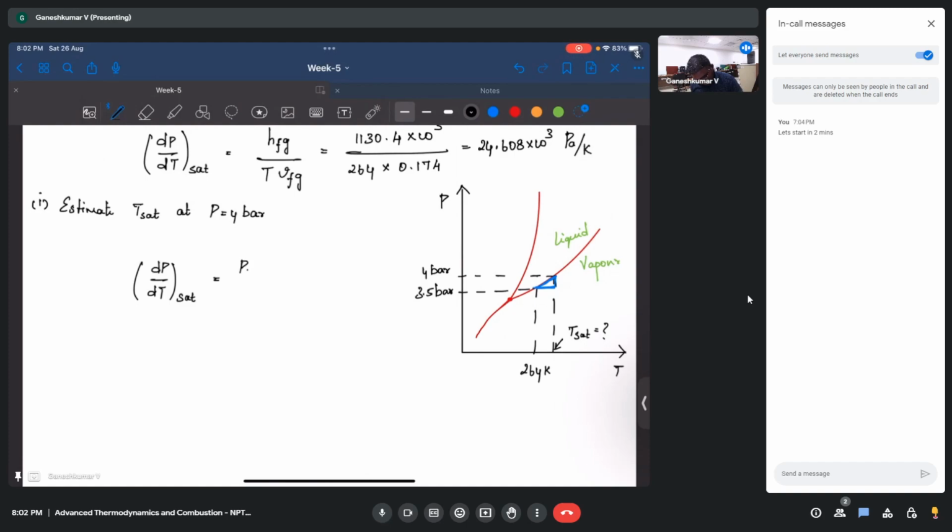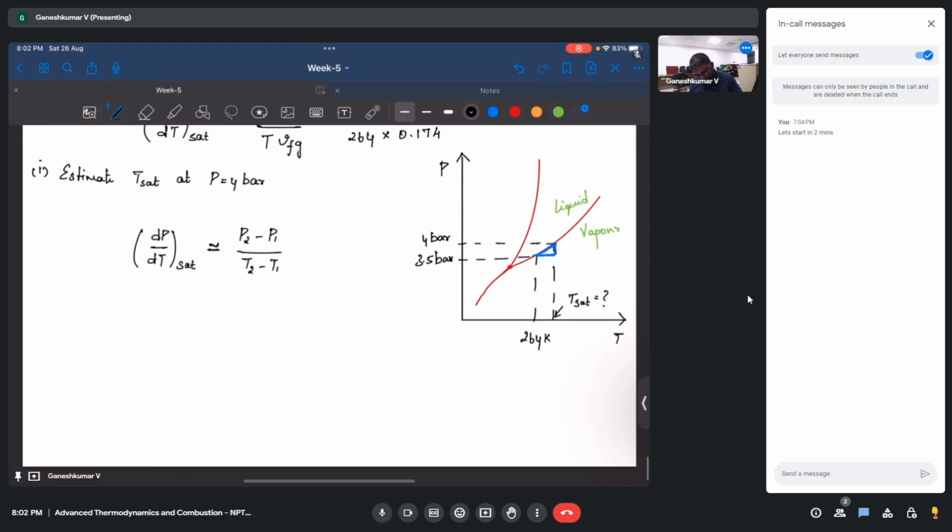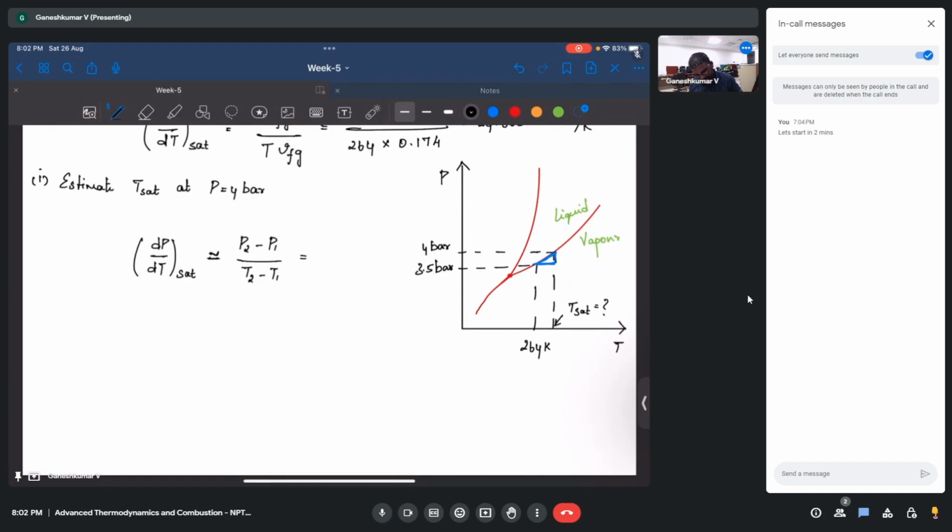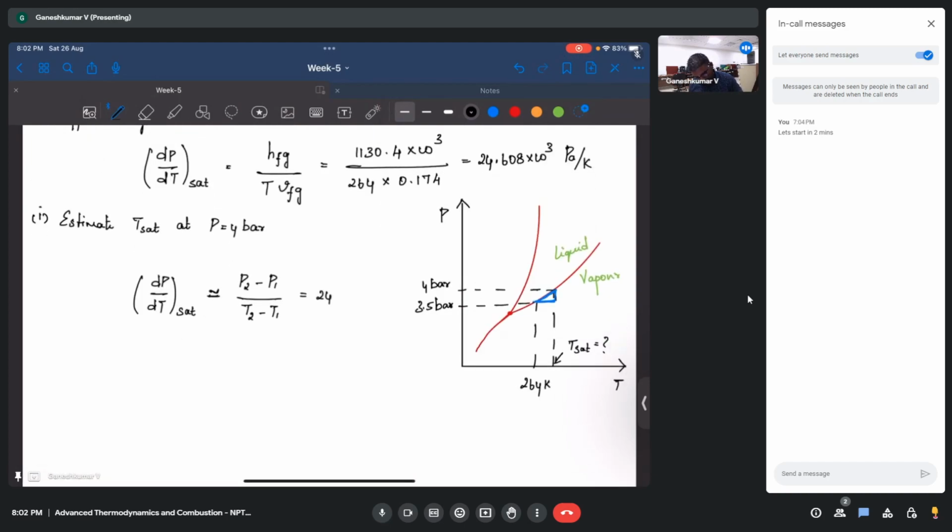It's going to be, let's say, (P2 minus P1) divided by (T2 minus T1). Again, this is something you are approximating, and this is equal to 24.608 into 10 power 3 Pascal per Kelvin. We have to find T2, right? So T2 minus T1 is equal to (P2 minus P1) divided by 24.608 into 10 power 3.